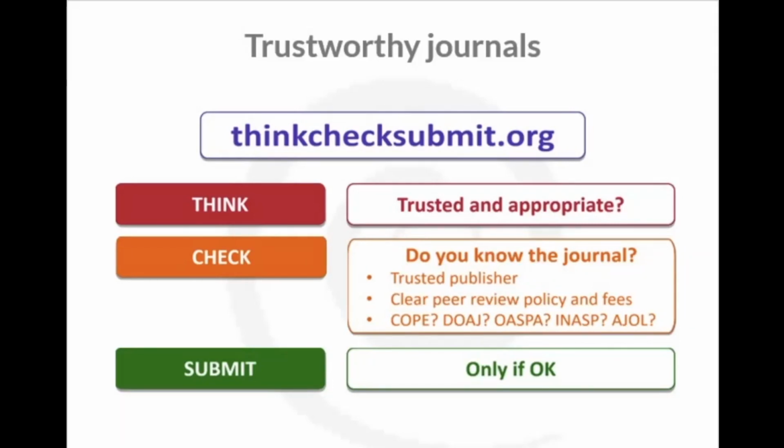So trustworthy journals, especially if you're going to submit to an open access journal where the content, the article, the data will be freely accessible to any reader anywhere in the world, any researcher at any university around the world, but the cost will be on you or on your university.